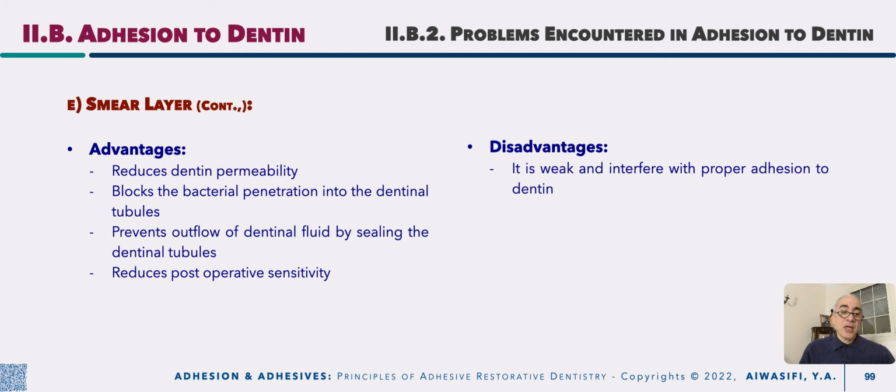Then, this smear layer provides you great advantages. It reduces dentin permeability by blocking bacterial penetration into the dentinal tubules. All of these prevent outflow of the dentinal fluid and it seals the dentinal tubules. This will result in reduced hypersensitivity and ionic exchange between the restorative material and the tooth structure.